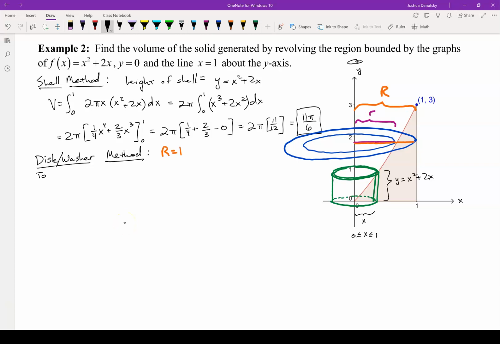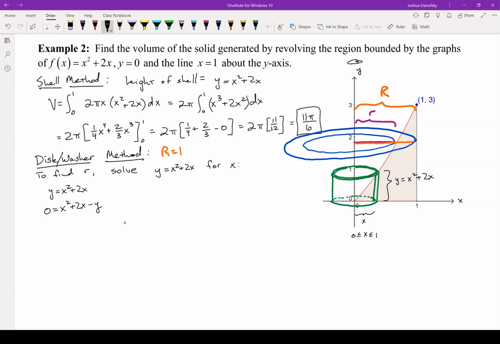So to find little r, we need to solve y equals x squared plus 2x for x. In other words, we need x as a function of y because little r changes with different values of y. To do this, we'll subtract over the y and get all of this equal to 0.